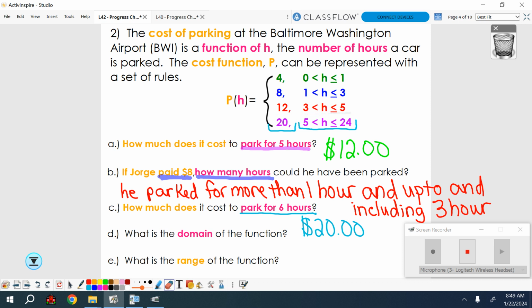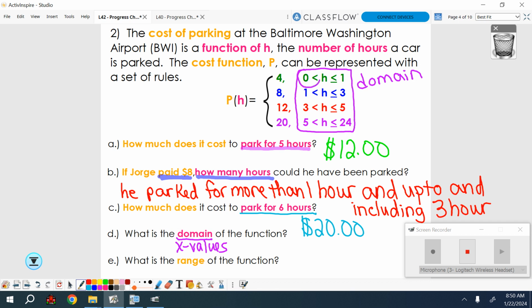The domain of my function, remember when we talk about domain and range, domain, those are our x values. And our x values are going to be our time period. So our domain is going to come from this information here. So what we want to do is look at all the possible time periods we're talking about.